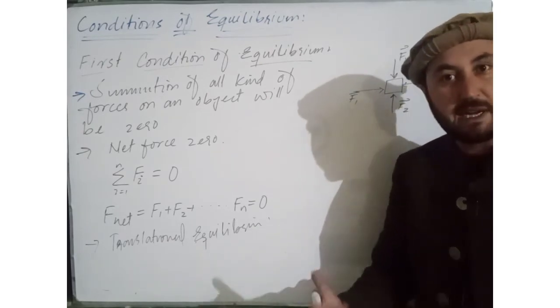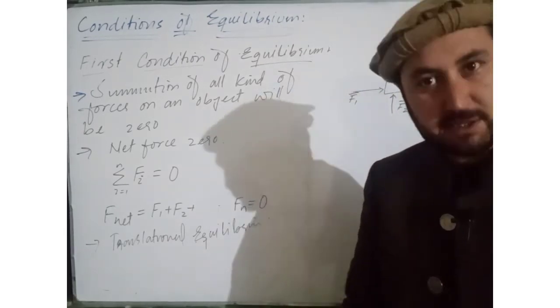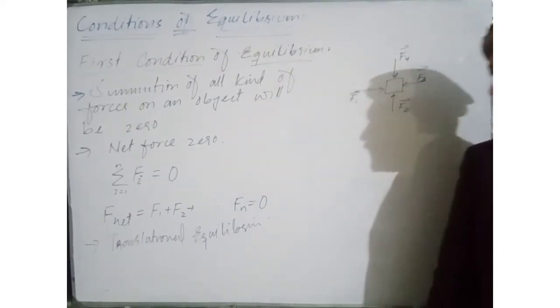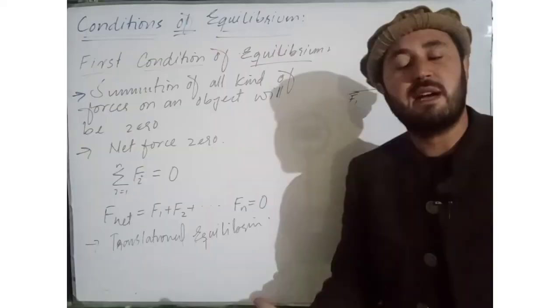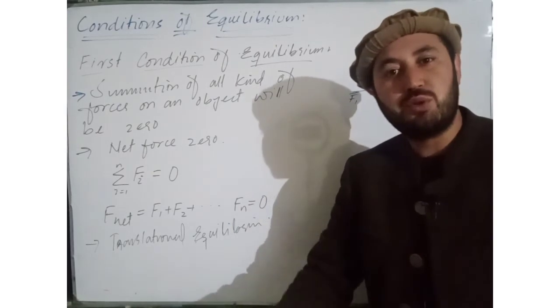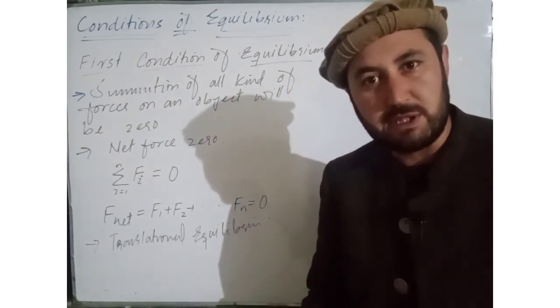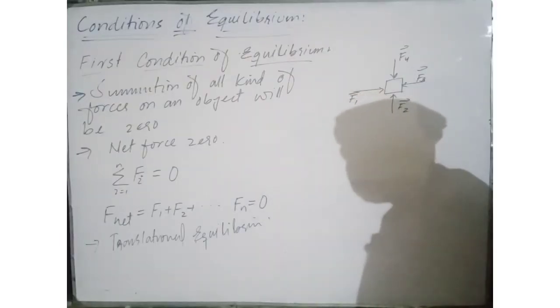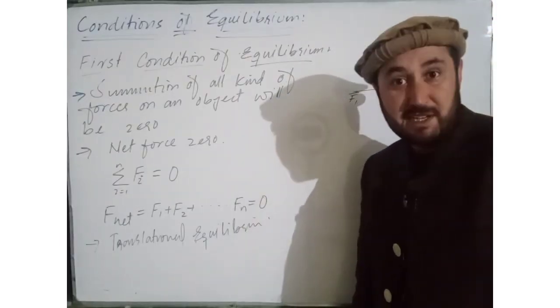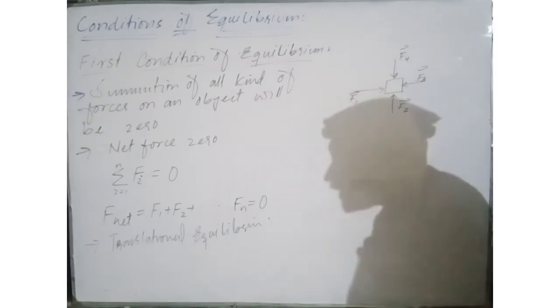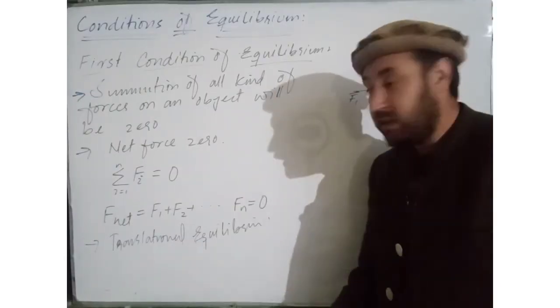If the object is already at rest, it will maintain its state of rest, and if it is already moving with a certain constant velocity, it will continue with that constant velocity. Overall the object will be in translational equilibrium, so it is not going to change its state, right?